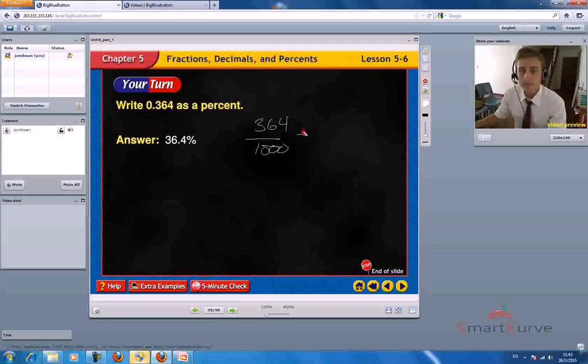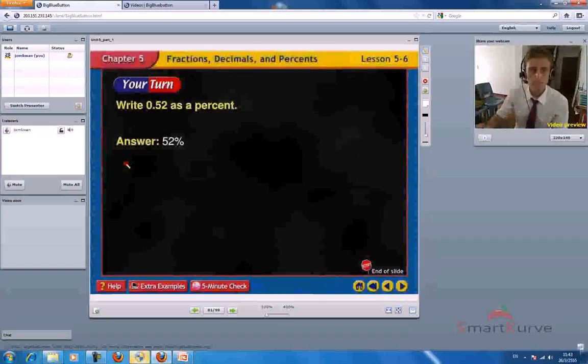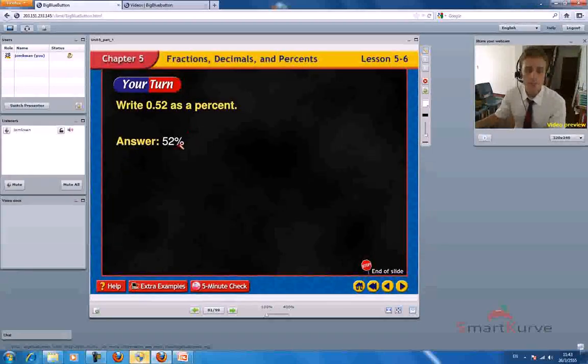Write 0.121 as a percent. 0.121 is 121 over 1,000, or 12.1 over 100, 12.1%. Write 0.364 as a percent. 364 over 1,000, 36.4 over 100, 36.4%.